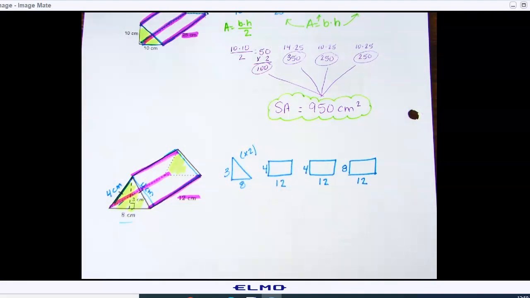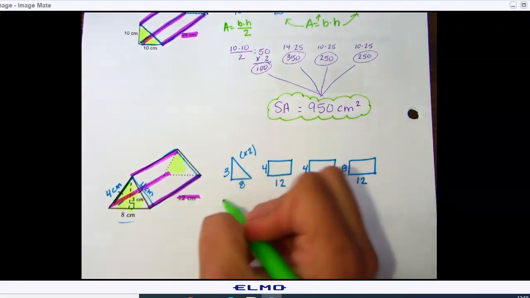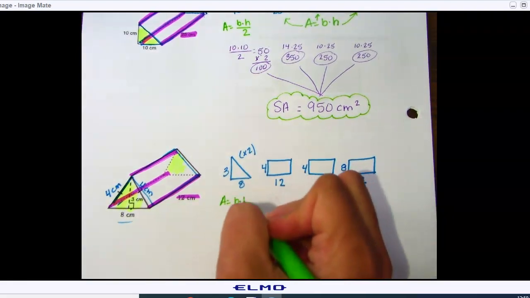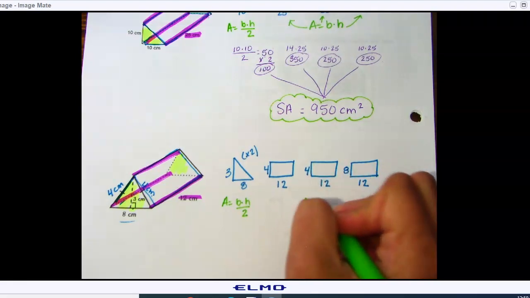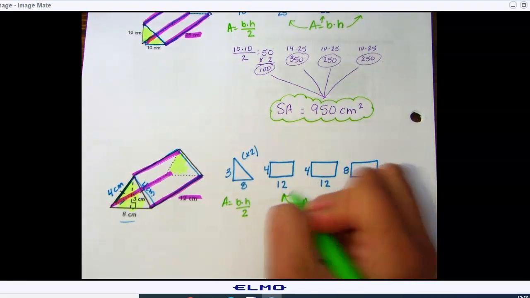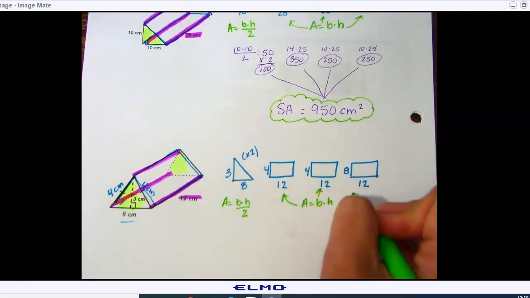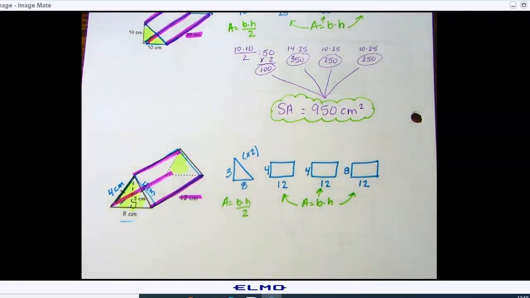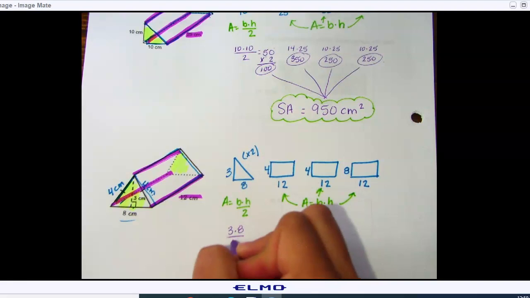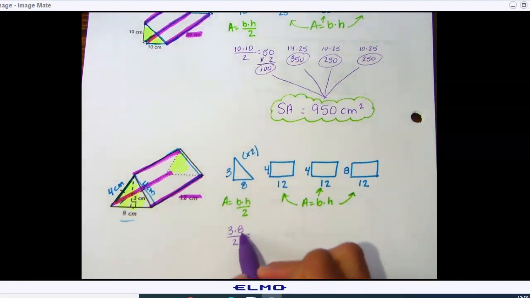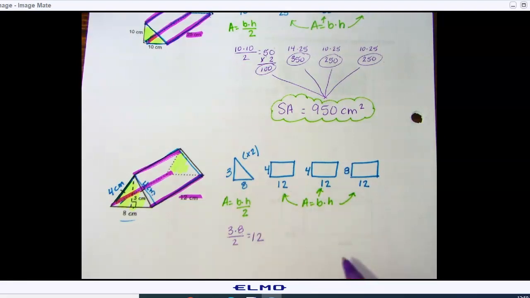When you get this far, the rest is a piece of cake because it's the same thing. Area equals base times height divided by 2 for a triangle. And then area equals base times height for our rectangles. So, base times height, 3 times 8 divided by 2. 3 times 8 is 24. 24 divided by 2 is 12.